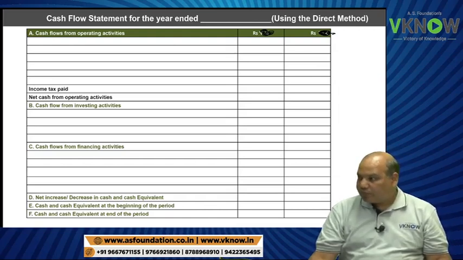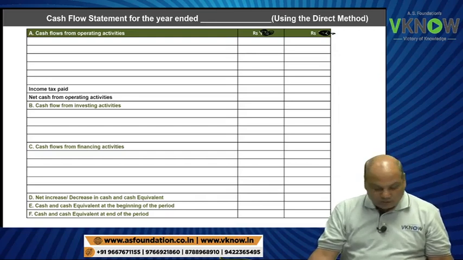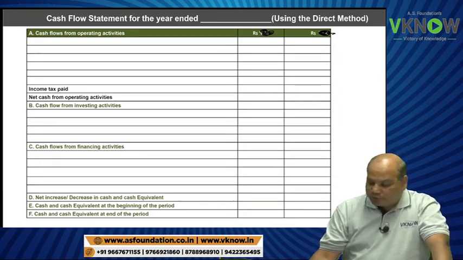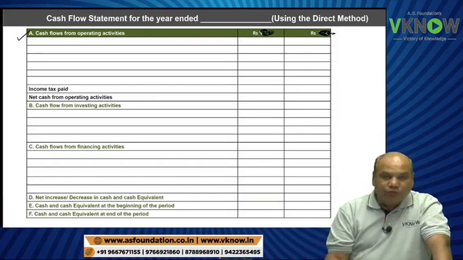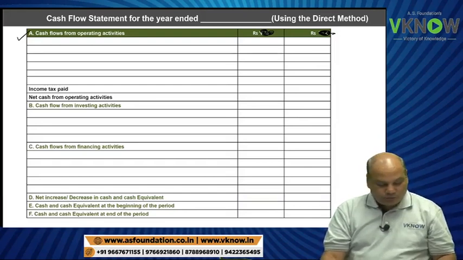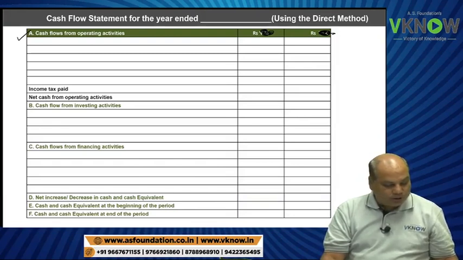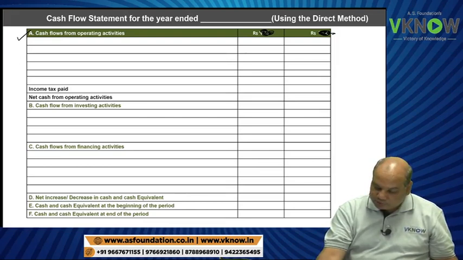So everybody is now ready. First point A, write down cash flow from operating activities. Keep about 6 lines blank.